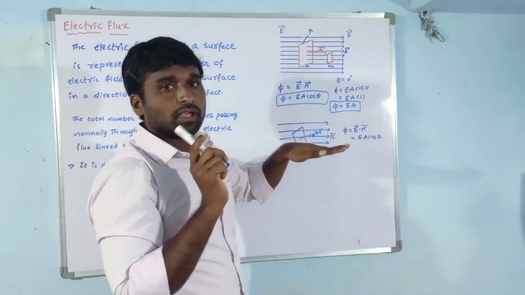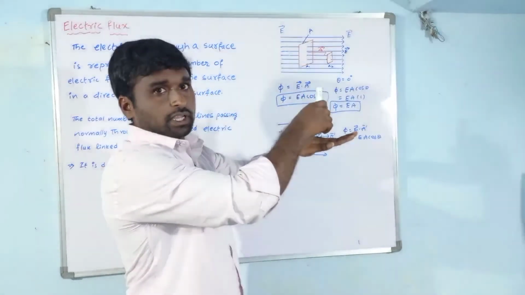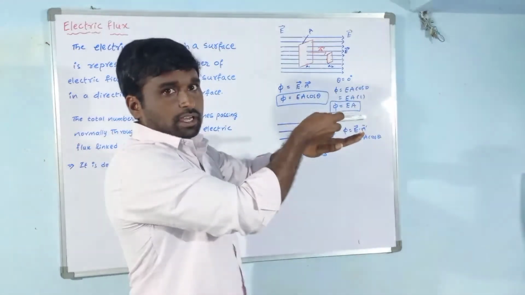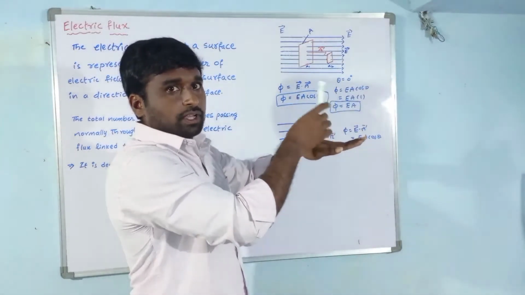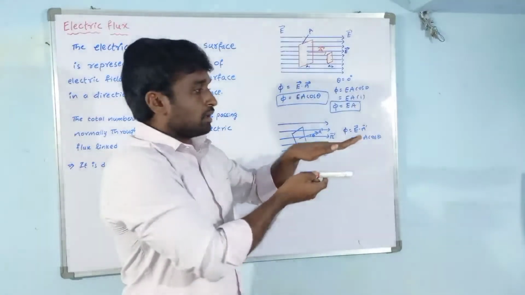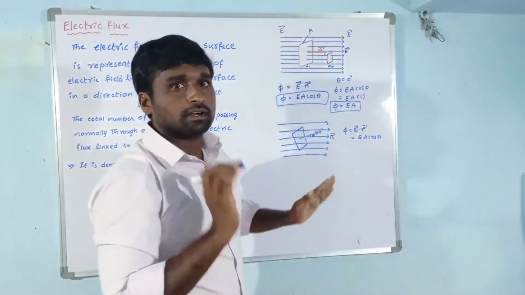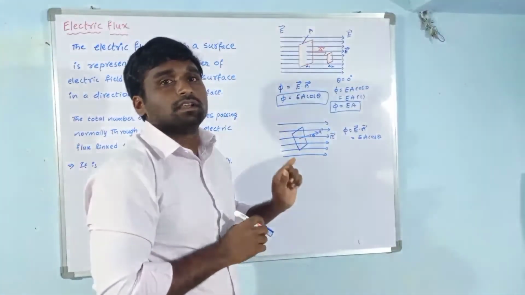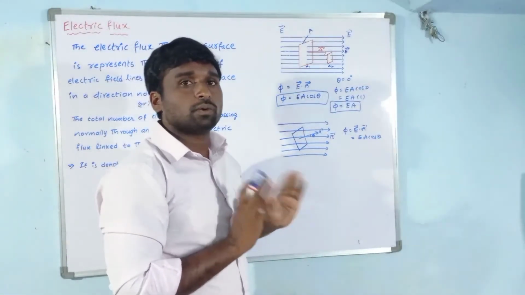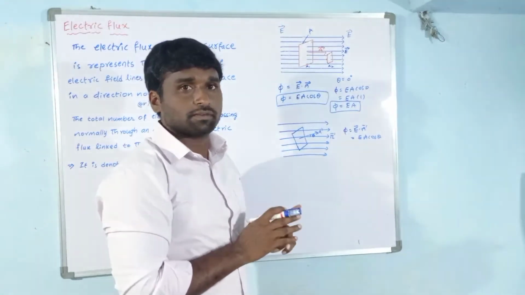Our area vector will be perpendicular to that surface. These are the electric field lines, so the angle between the electric field lines and the area vector is 90 degrees. In that case we get zero electric flux, so there is no electric flux linked with that surface.